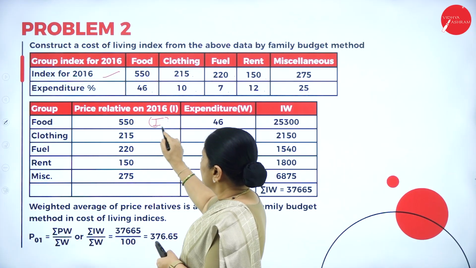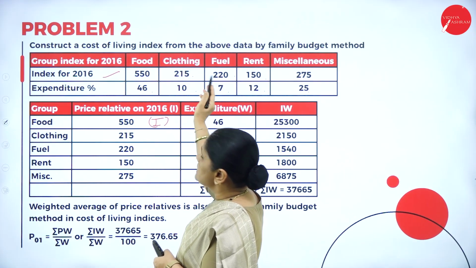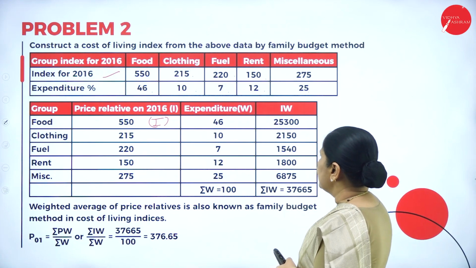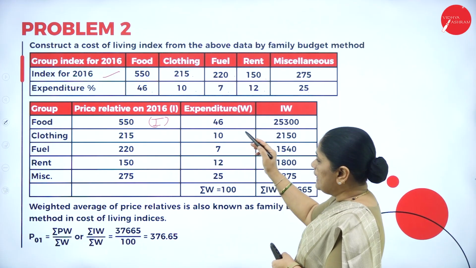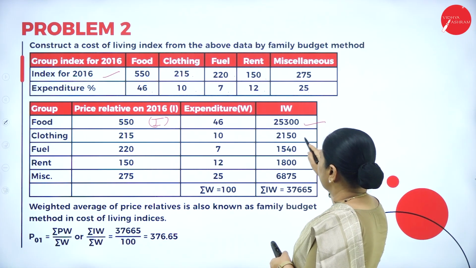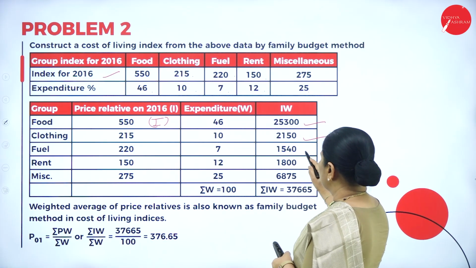So this will be equal to, I have just written this table in the vertical format here and this represents the expenditure W. Now I into W, index into expenditure, that will be equal to 25,300, 2,150.